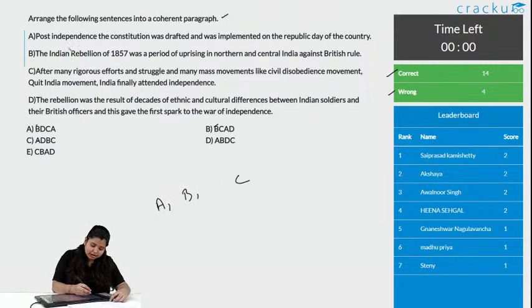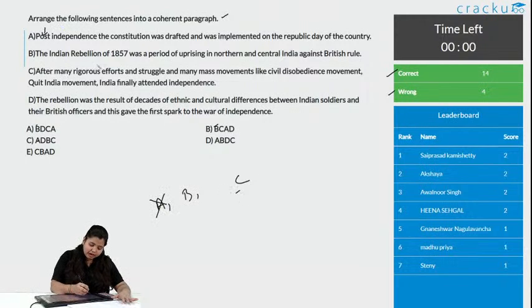A says here, post independence the constitution was drafted and was implemented on the Republic Day of the country. B says the Indian rebellion of 1857. If you see chronologically, this says post, that means after. So, we must have a subject before that. So, obviously, A is not the one.